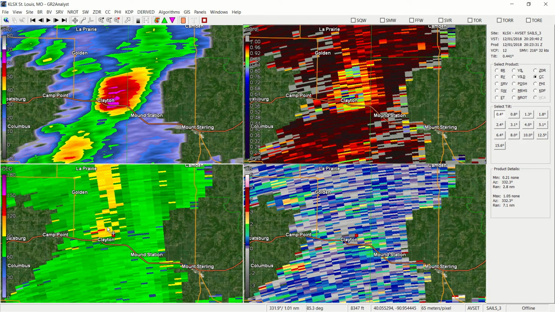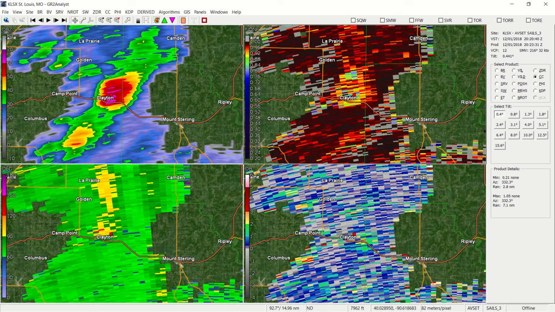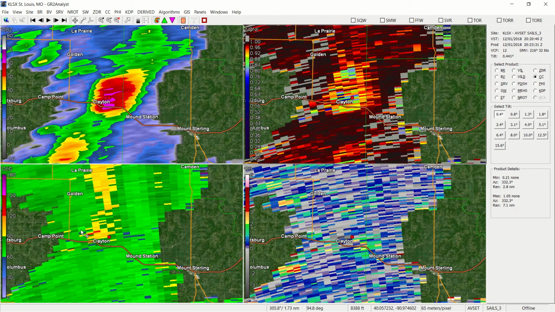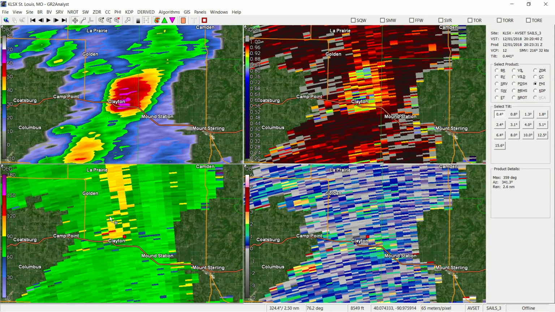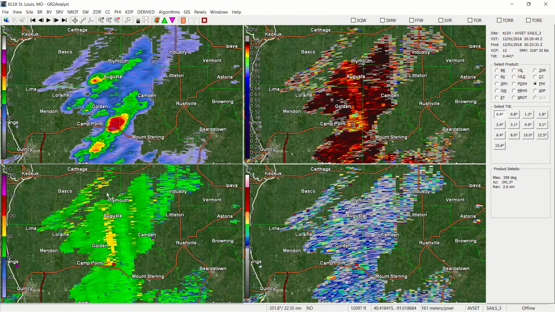Down in the bottom left is going to be our differential phase shift. This is a little more of an abstract product for us, but basically it is the difference in the phase between the horizontal and the vertical caused by attenuation. If the horizontal is being attenuated more than the vertical, it'll show us higher values, and that's cumulative over an entire beam.